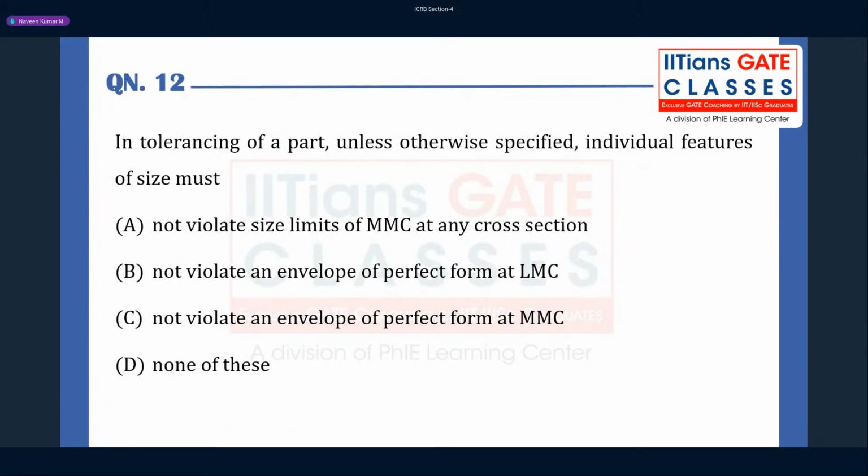Okay, good. Now, in tolerance of a part, unless otherwise specified, individual features of size must not violate size limits of MMC. What is MMC? Maximum material condition. Okay.